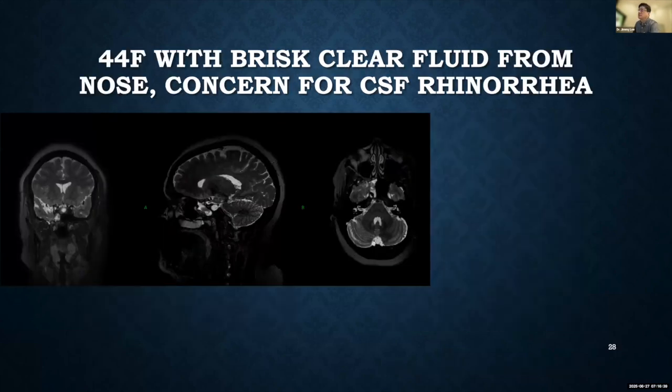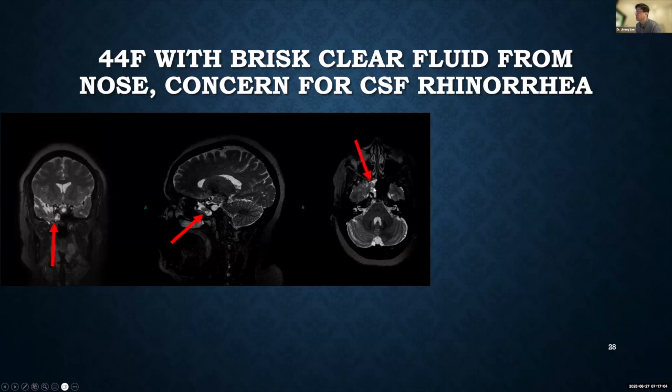So here's a case with a 44-year-old woman. Basically has concern for CSF rhinorrhea, so it's clear fluid from the nose, and then got an MRI. And what it shows is that there's this lateral sphenoid sinus defect with an encephalocele. So the sphenoid sinus here is filled with CSF fluid, and there's a brain sticking out into it.